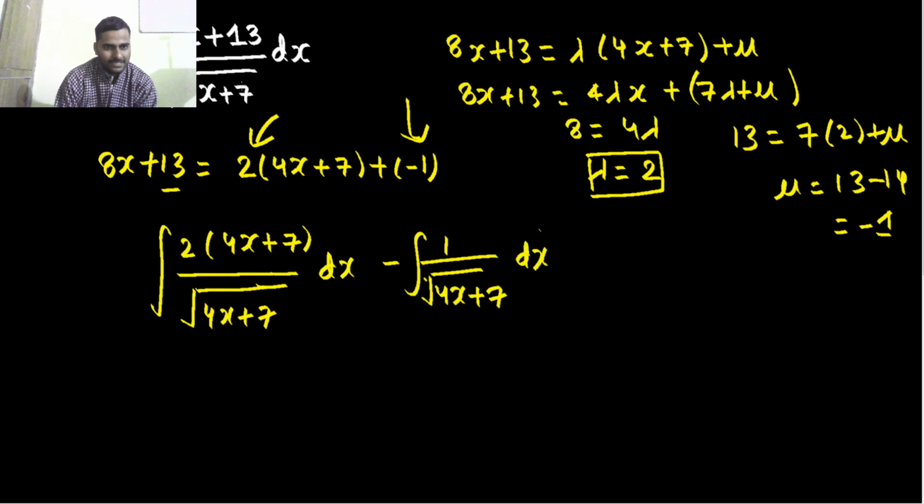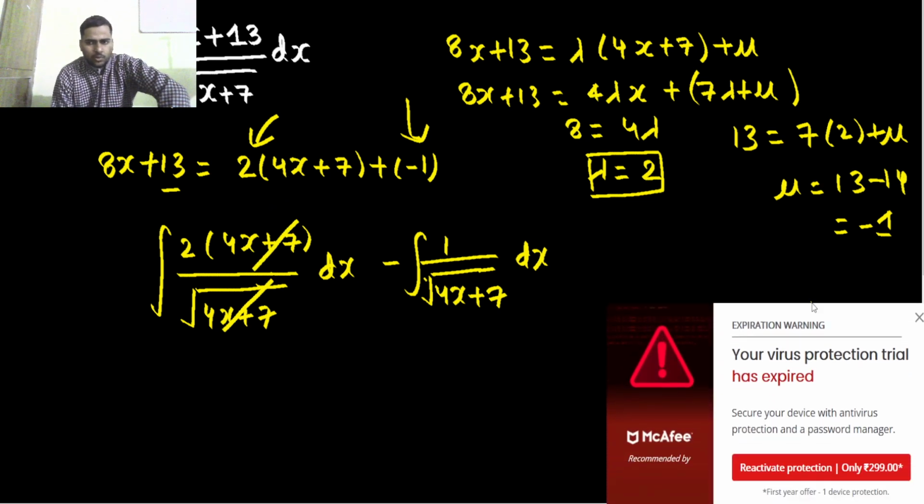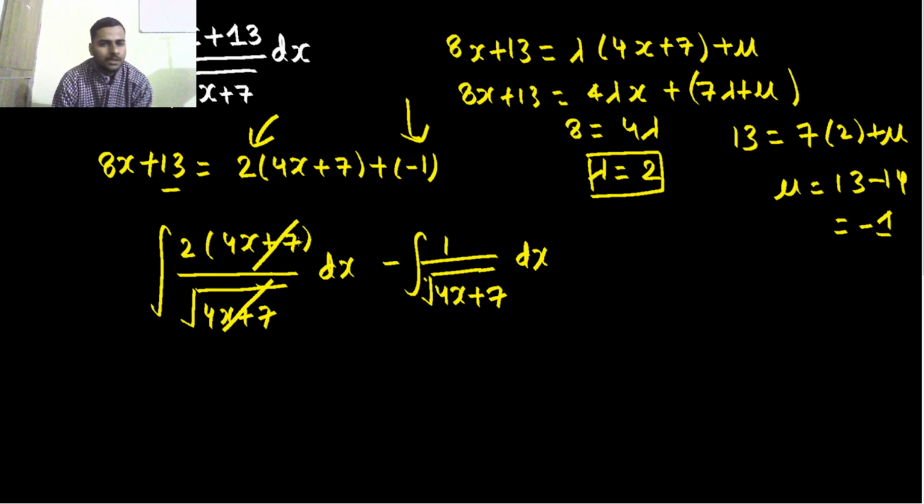What I did was, in place of 8x plus 13, write 2 times 4x plus 7 minus 1, and then I separated this. So this gets cancelled. You are left with under root of 4x plus 7, because 4x plus 7 can be written as under root 4x plus 7 into under root 4x plus 7.